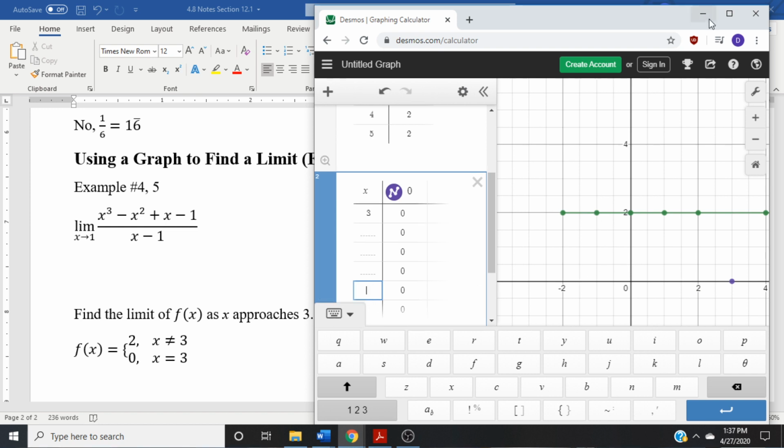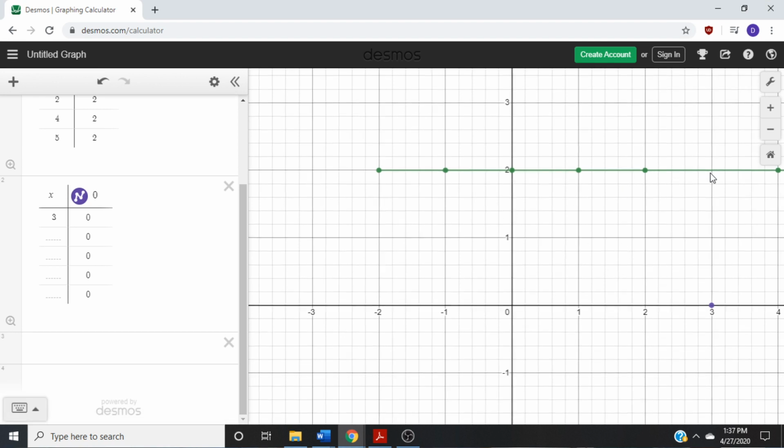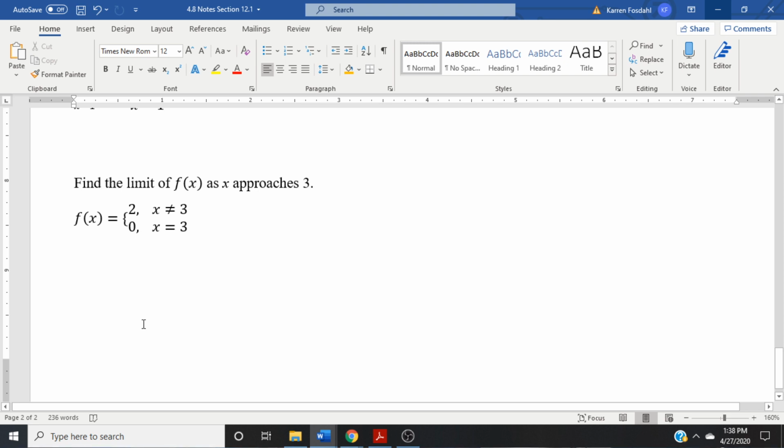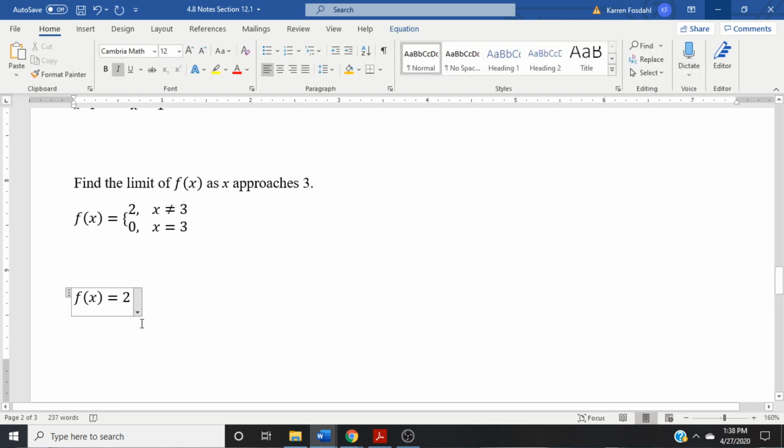Okay, so this is sort of how it goes, but essentially there's a hole right here. So there's a hole right here, but left and right are the same number, 2. So even though there's a gap right there in this piecewise function, there's a clear limit. That is, f of x will equal 2.